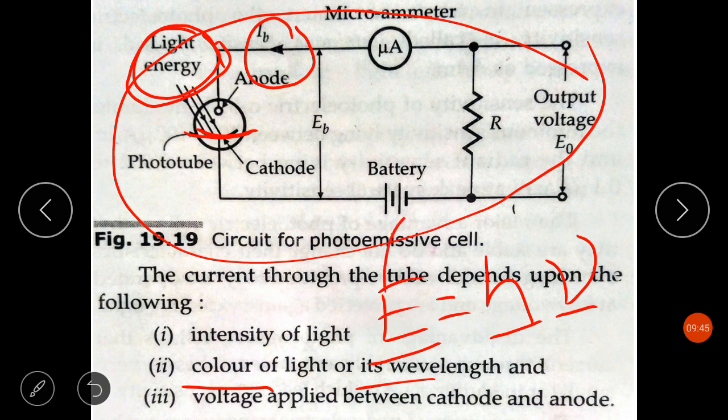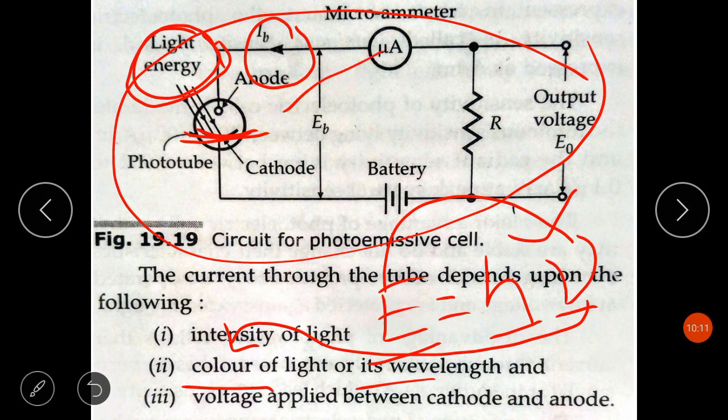Because the photon energy is dependent on the frequency or wavelength of light, and the frequency or wavelength of light results in different colors of light, for different colors of radiation we have different photon energies. Now if the photon energy is greater than the band gap of the material of the photoemissive cell, then electrons will be emitted and form the current.